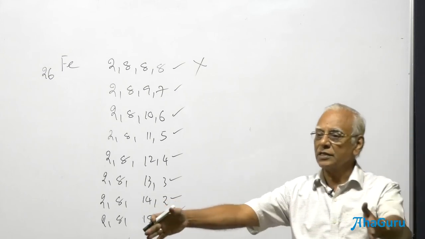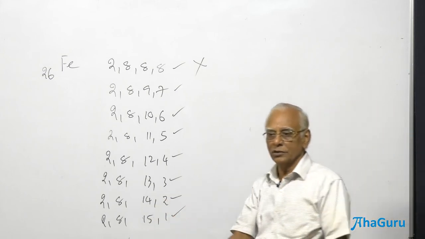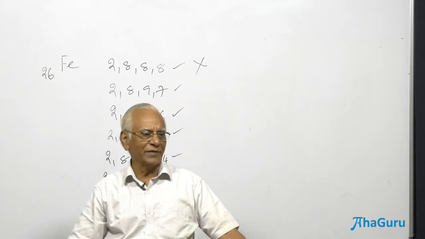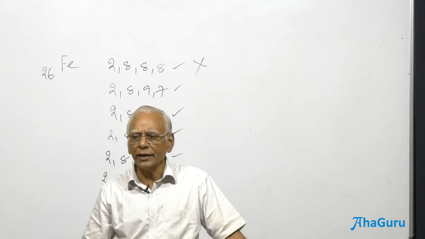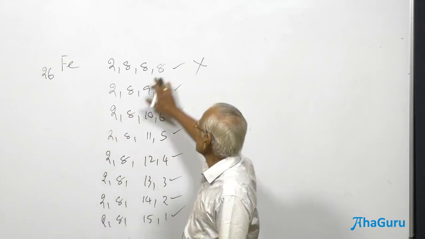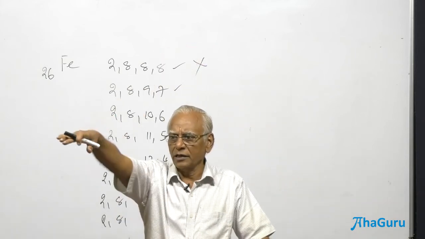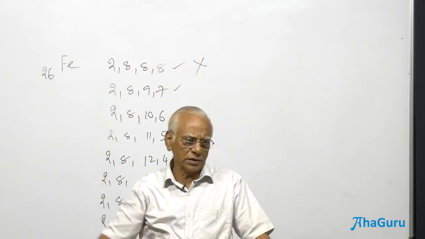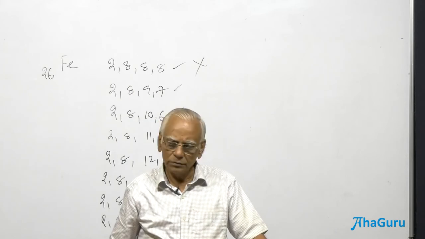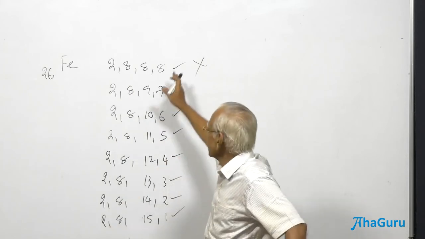Keep an iron article especially here by the seashore, it gets rusted immediately within a week, a brown coating. Iron is highly reactive. Then definitely this particular structure is ruled out, because having 8 electrons, the last shell belongs to rare gases, excepting helium. Therefore, all the others are right.